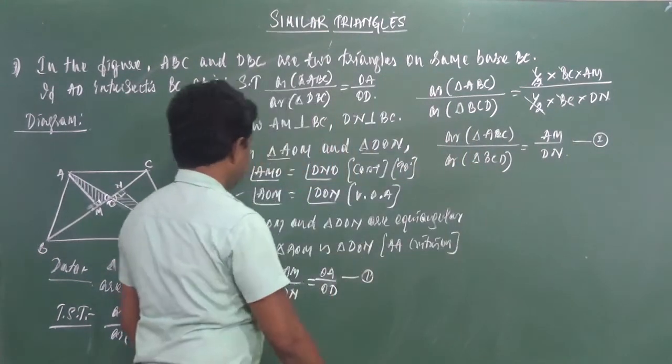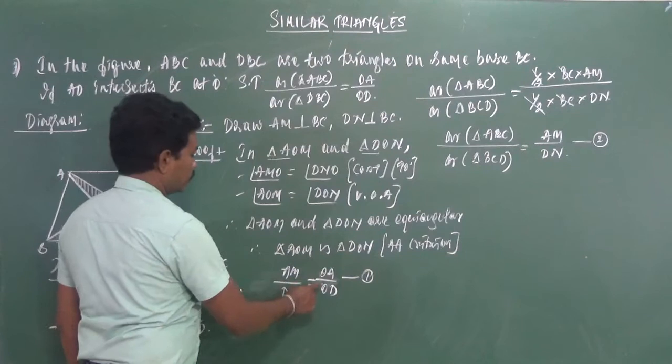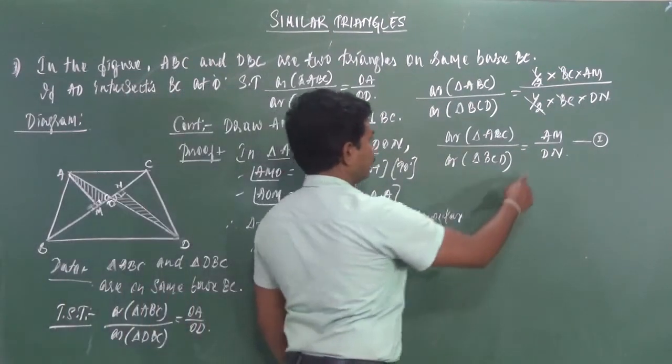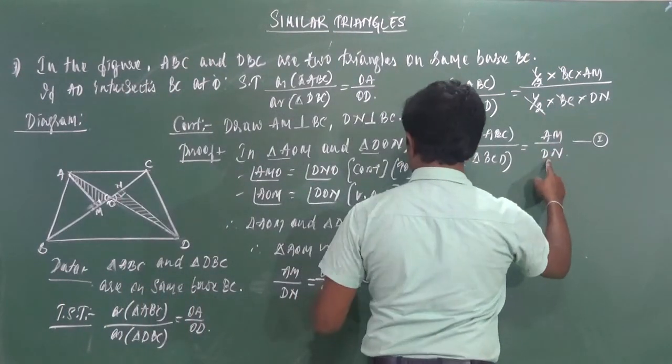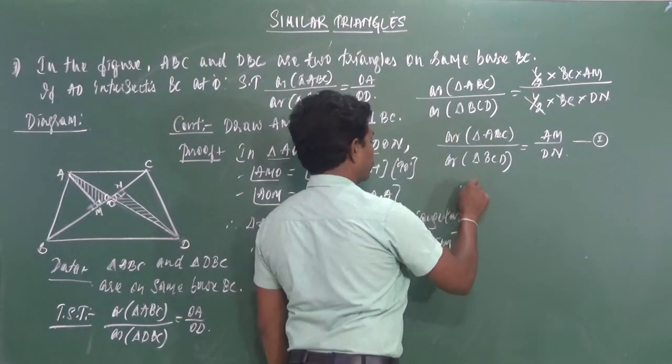Now, AM by DN is equal to OA by OD from equation 1. So instead of AM by DN, I am going to write OA by OD.